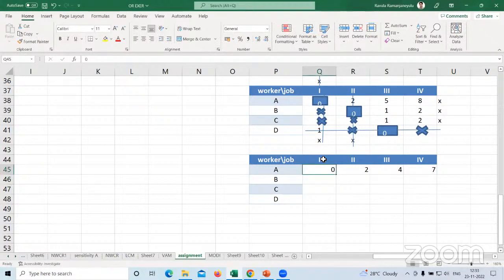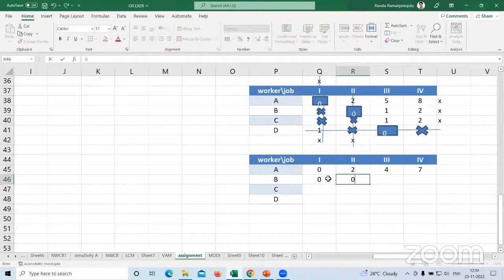Is that clear? Yes, sir. Then the second row: 0. Then here also 0, because it is on the line.